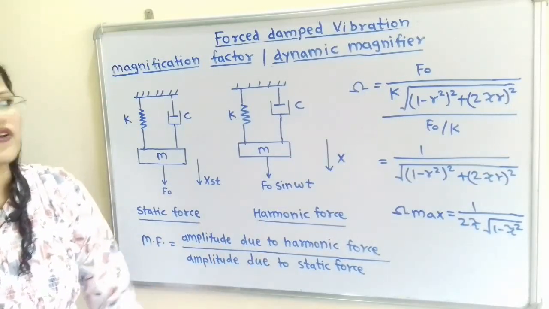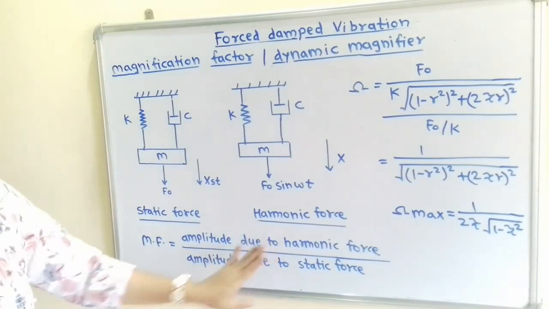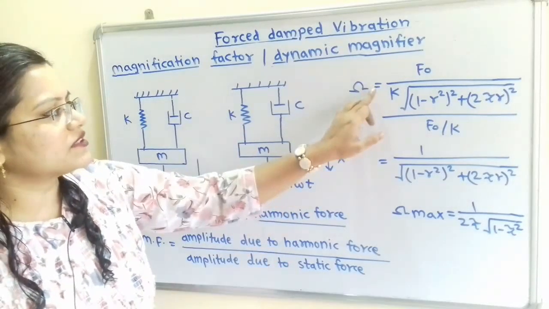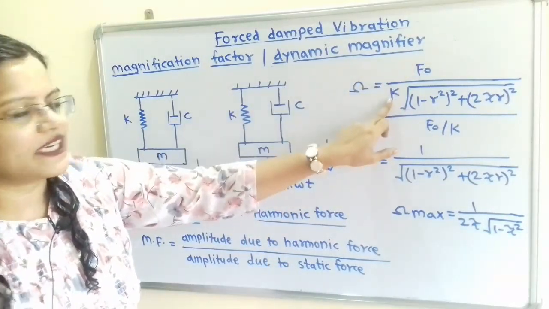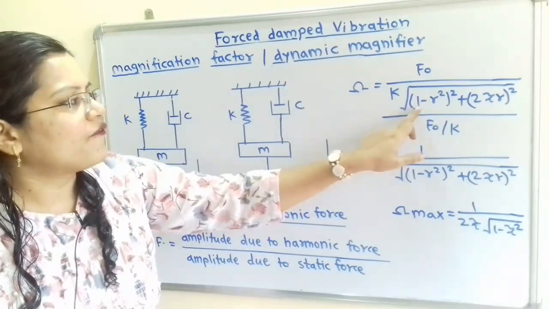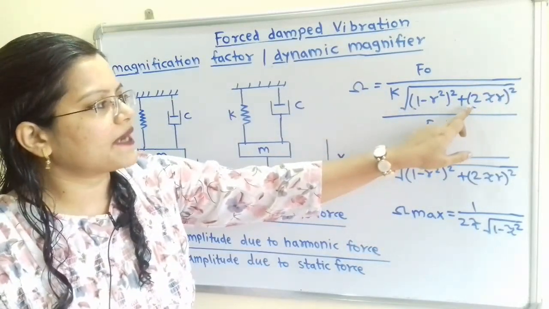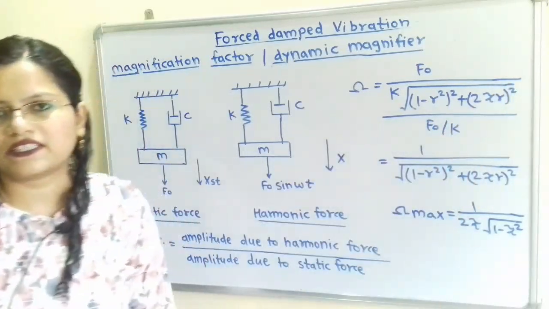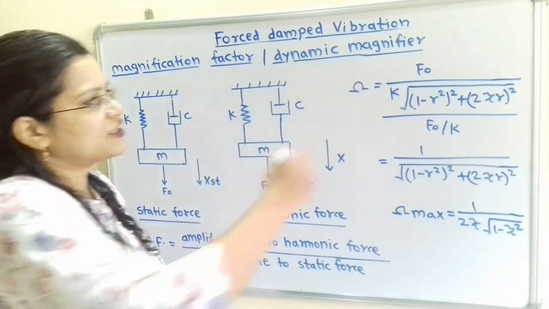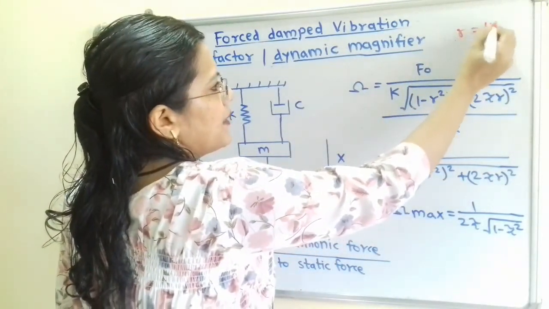Now how to find out the amplitude due to harmonic force? We have seen the formula. Amplitude due to harmonic force is equal to F0 divided by K under root of 1 minus r square bracket square plus second bracket 2 zeta r bracket square, where r is the ratio of omega by omega n.